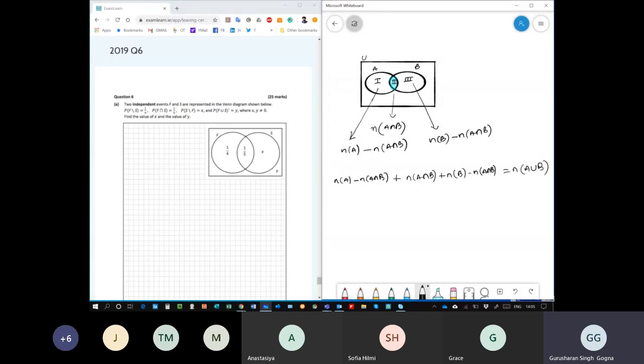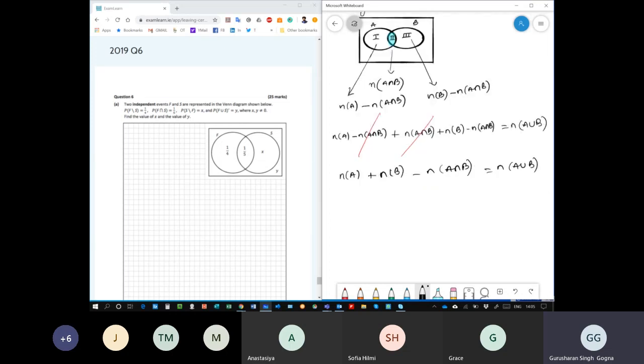So this is the equation you can write down based on the regions. And you can see that you can cancel terms, and what you are left with is n of A plus n of B minus n of A intersection B equals n of A union B.